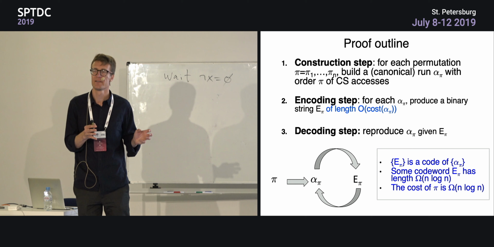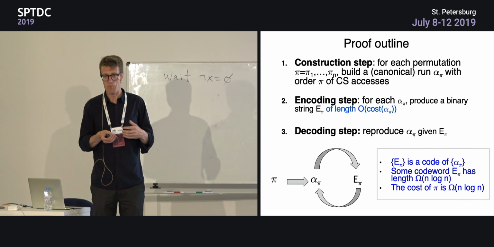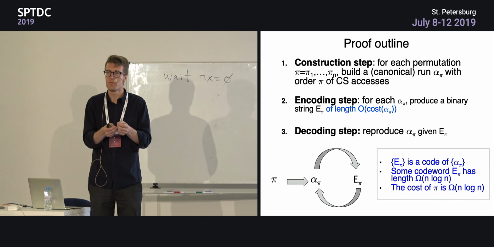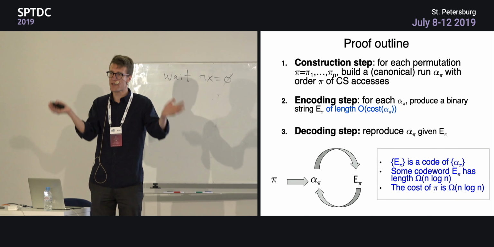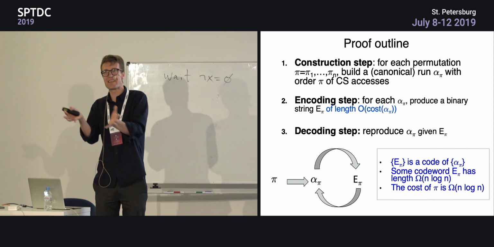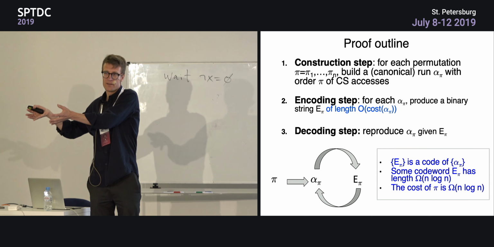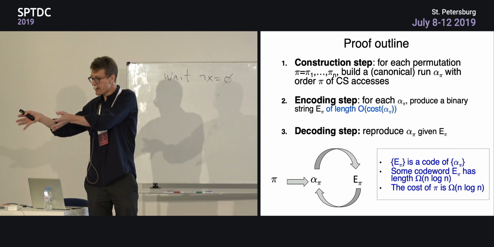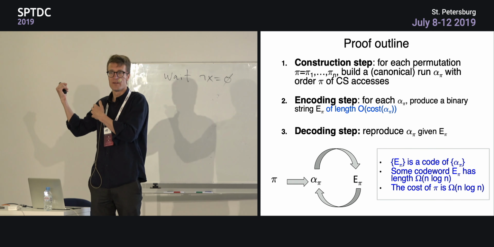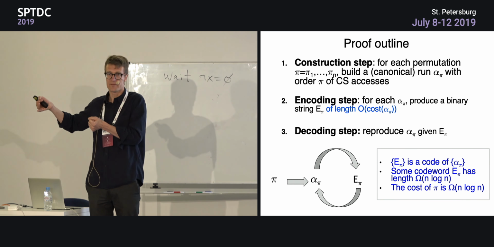See, unlike the previous approaches based on valency and covering, where you manually by hand construct a worst case execution, here you don't care. You look at the whole set of executions and you find a very interesting representation of this set using these code words. And just focus on this representation, prove something about it, or use what some other smart people proved before you, specifically that the length of some string should be long enough.